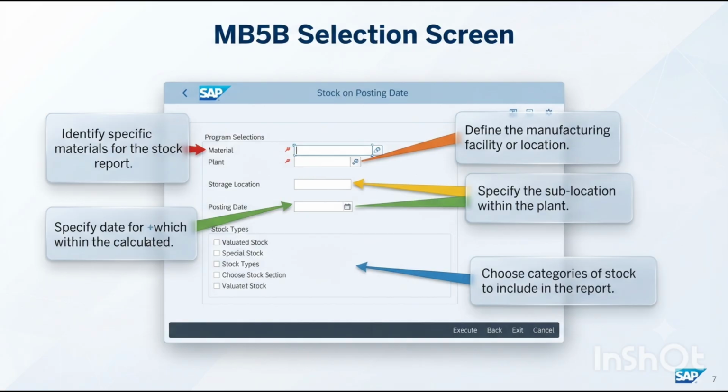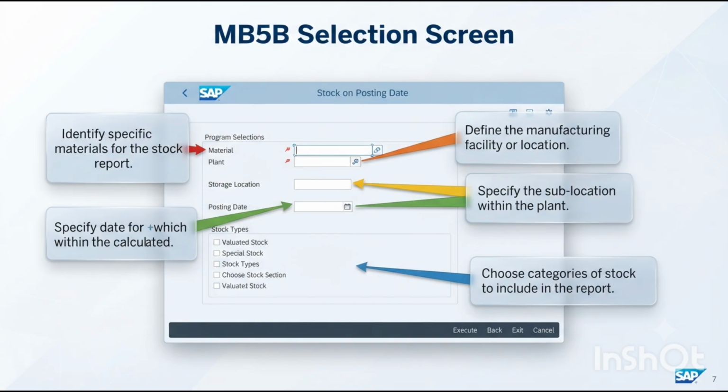The stock type section allows you to choose unrestricted, quality inspection, or blocked stock. Always enter a proper posting date to get an accurate closing balance. Understanding each field on this screen is crucial for generating the correct report.